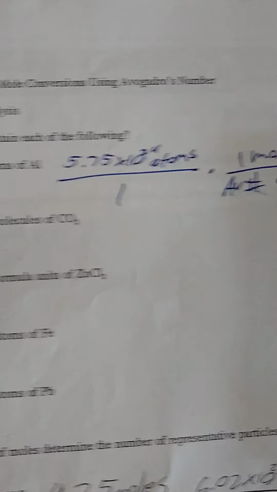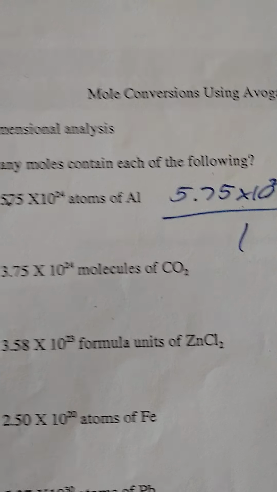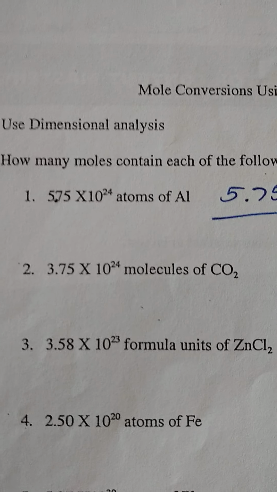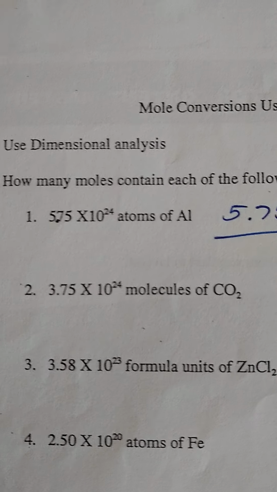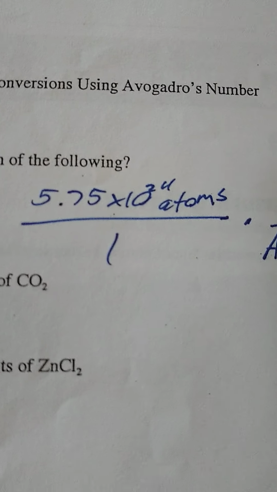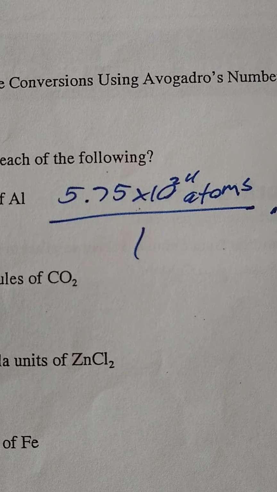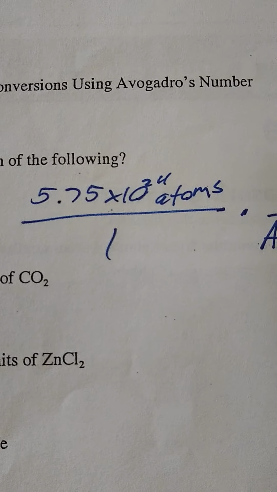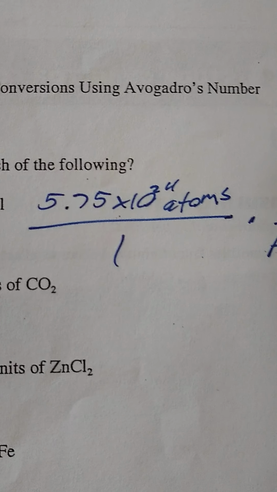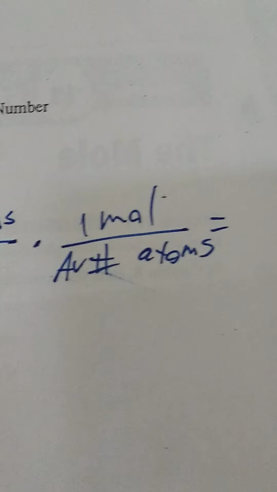So the first problem here, we have converting 5.75 times 10 to the 24 atoms of aluminum, and we are converting that into moles. So I took my 5.75 times 10 to the 24 atoms, I put it over 1, and then I'm multiplying that by 1 mole over Avogadro's number.